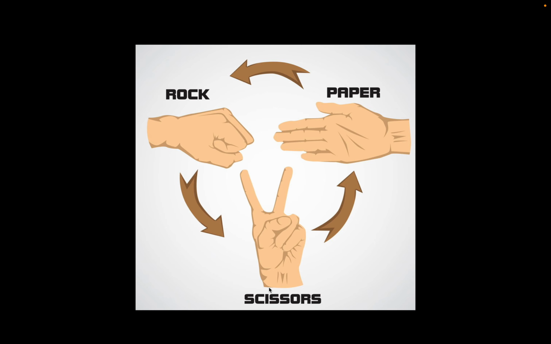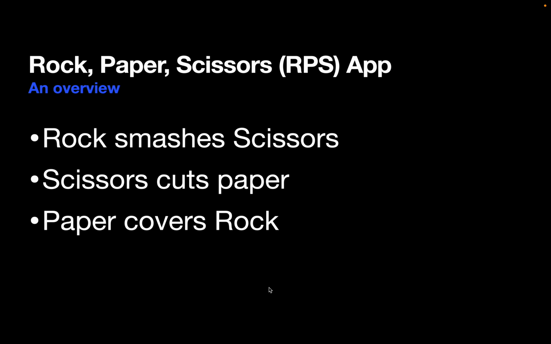So each of the signs can beat the other, and I'm going to show you the precedence on how that works. Eventually, I'm going to show you a table in the next slides, but essentially what's happening here is that the rock has precedence, right? It will be able to smash the scissors.